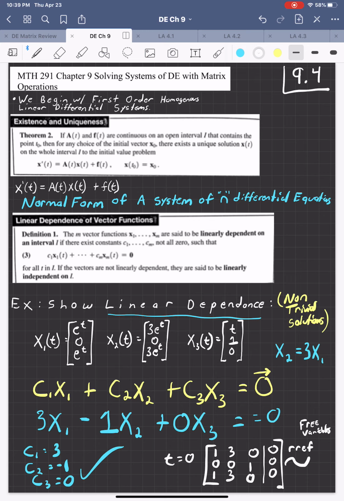I'm being extremely informal, but I'm trying to call upon previous knowledge while also not assuming that knowledge is a prerequisite. Once you have free variables, you would have choices in what you could choose for one of the variables, and that would indicate that you have more than just the trivial solution. Okay, so let's do one.